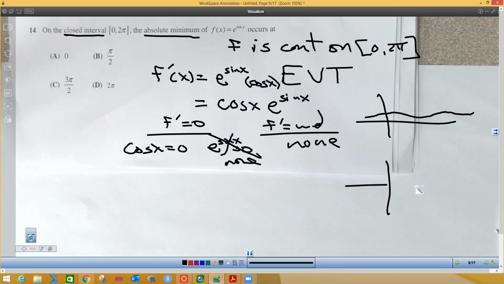If you remember graphing cosine, we start at -1. I'm just going to give you a little review of pre-cal. So we start at -1 as a minimum, goes to a 0, goes to +1, goes to a 0, goes to -1, and goes like this forever.